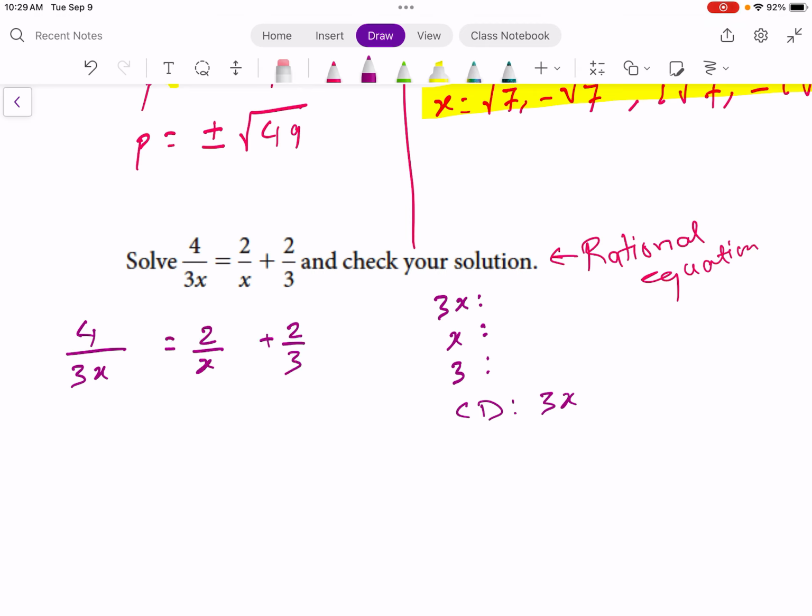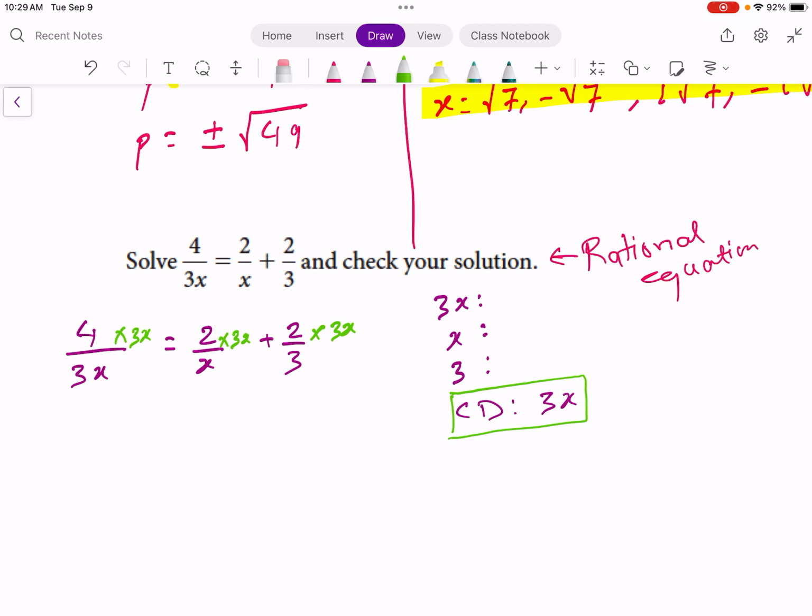So we have these three expressions. We already know what the common denominator is. We use this common denominator to multiply each expression on both sides. So let's multiply both sides by 3x. Let's multiply each expression, not only one. You multiply each expression by 3x.